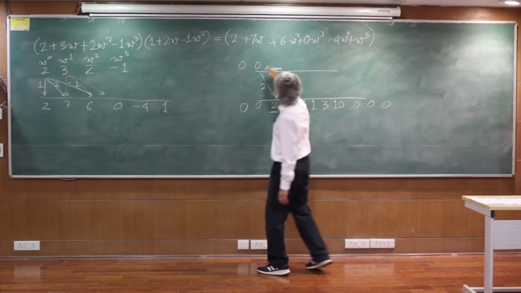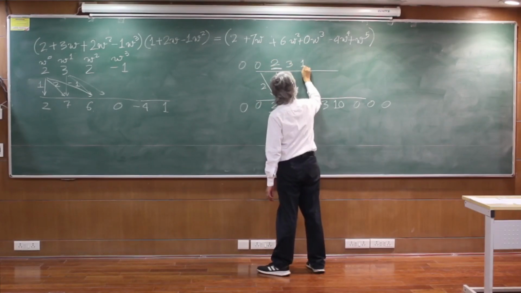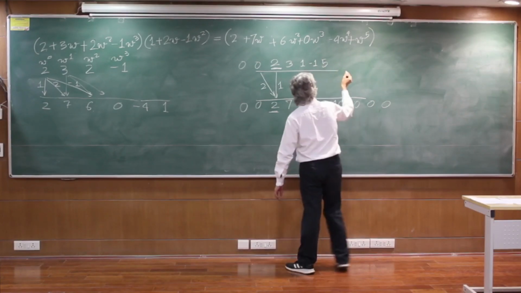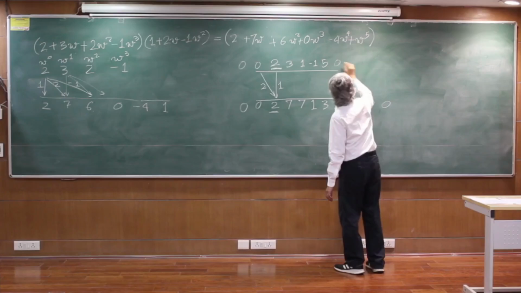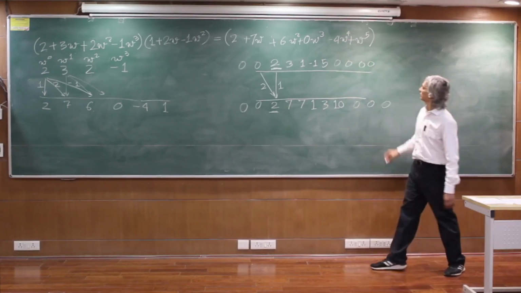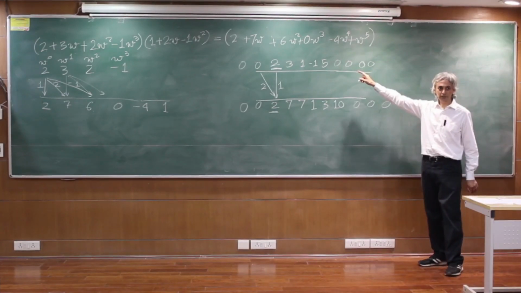So is this what we got? 2, 3, 1, minus 1, 5, and then zeros. Is this what we got? Okay.